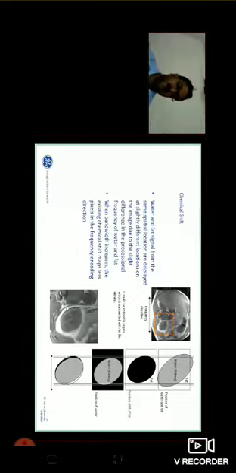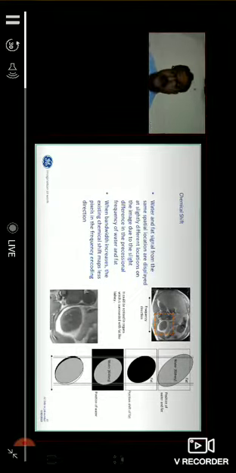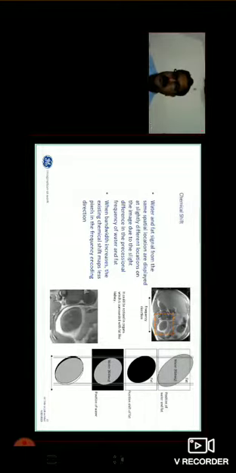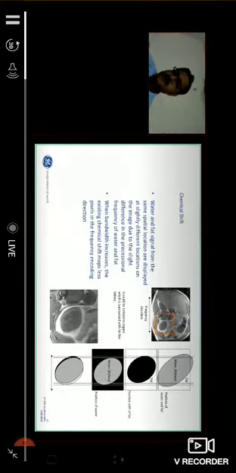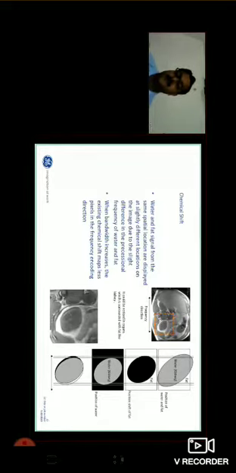To eliminate these artifacts, one method is to increase your receiving bandwidth. There is one more way to eliminate this artifact: you can use fat suppression. Simple way. The whole fat will be suppressed and there won't be any fat-water swapping or fat-water shift. There won't be any frequency difference again.